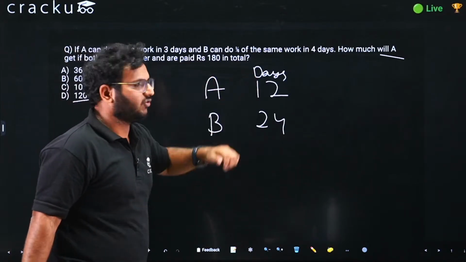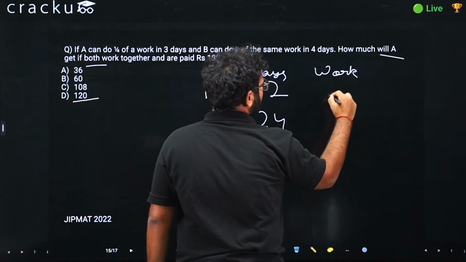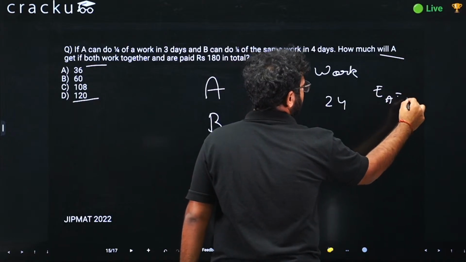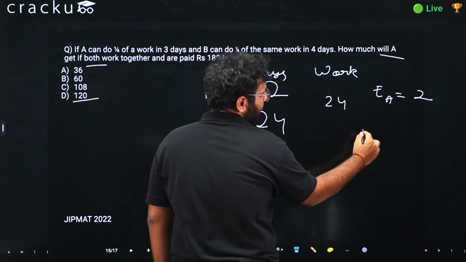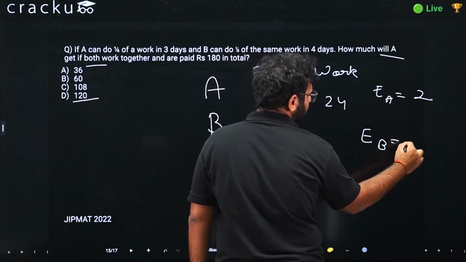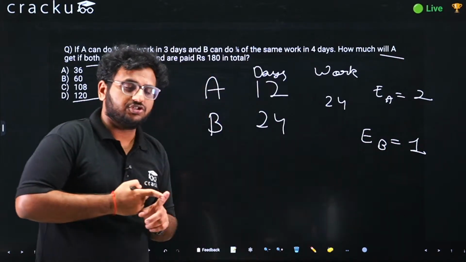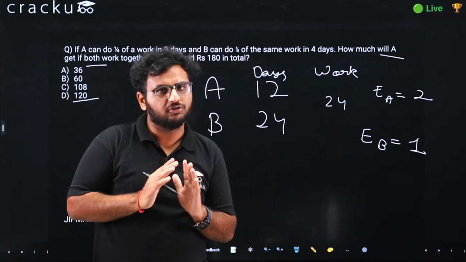So what I did was, I assumed work to be 24. So efficiency of A would be what? 24 by 12, which is equal to 2. And efficiency of B would be what? 24 by 24, which is equal to 1. Now what I taught you already, that efficiency is directly proportional to the amount that is paid.